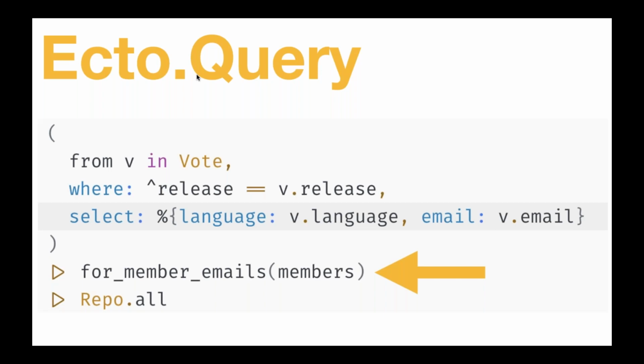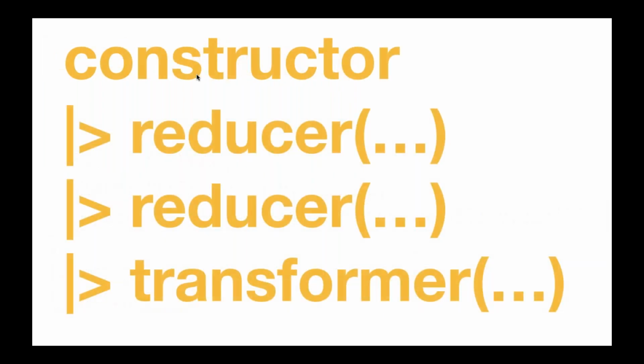So I want to talk about this idea of a reducer for a second. Last time we looked at this, and forgive me if this is too basic, but this is a very common Elixir design pattern, if you will. I know design pattern is a dirty word for functional programmers, but the idea is that we have certain types of functions to start pipelines and certain types of functions that operate on pipelines within a single module.